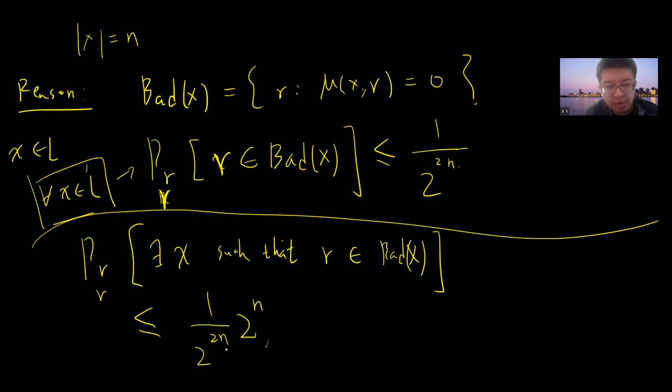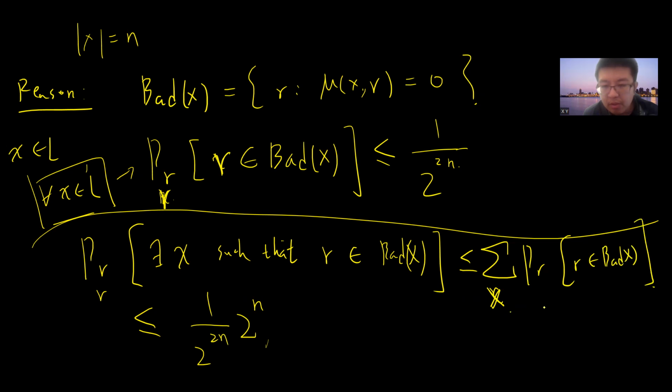So the worst situation is that the bad sets for different x are all disjoint. This is just the union bound: it's bounded by the summation over x of the probability that R belongs to bad x.